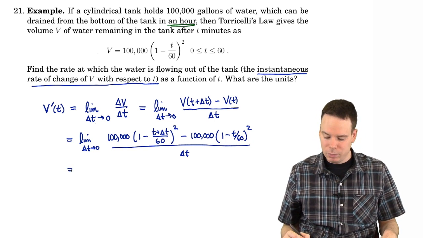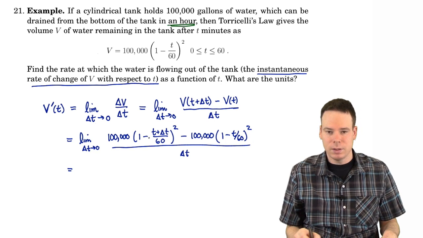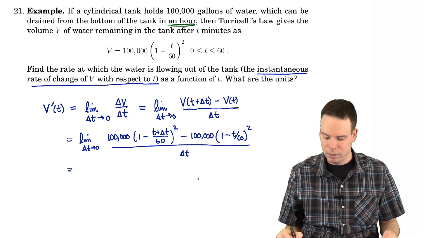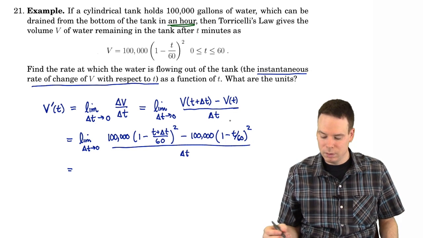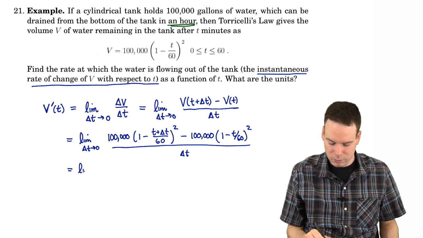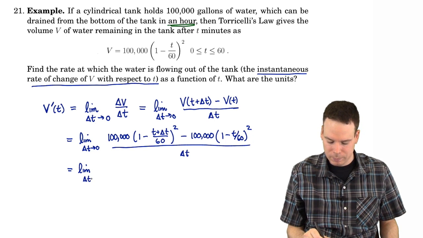Now we've got to simplify this, because we already know that if we plug delta t equals 0 in top and bottom, we're going to get 0 over 0, just by the nature of the fact that we're looking at the limit of a difference quotient, the derivative. These are always of type 0 over 0 until you do something with them.